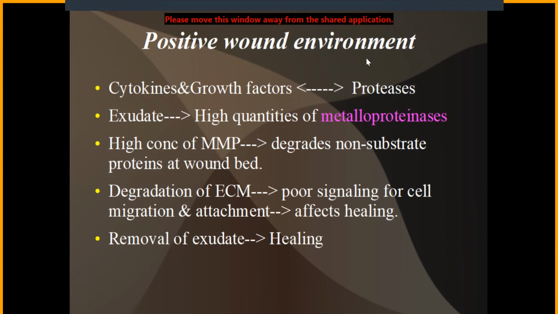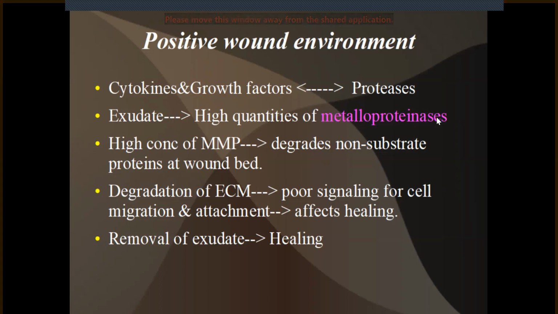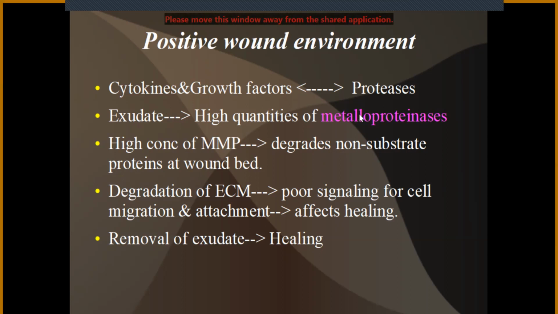If these proteases increase, they start destroying the tissue. In exudate, there is a high quantity of matrix metalloproteinases, and these are the reason for the destruction of tissue. Although these metalloproteinases in low concentration are required for wound healing.